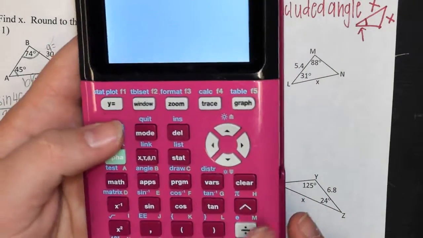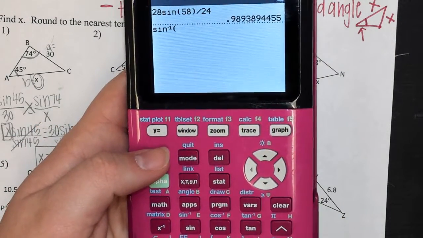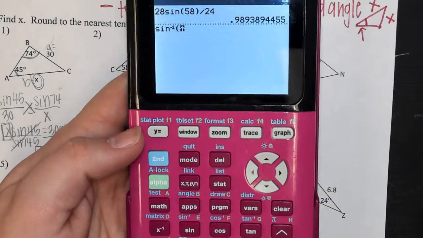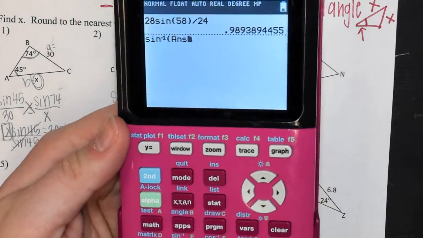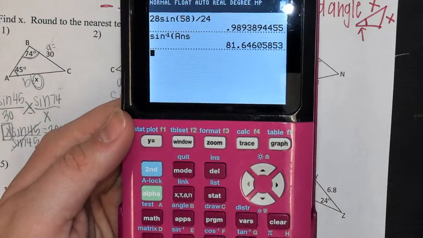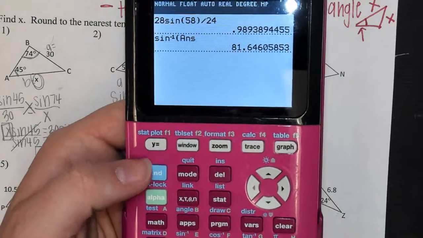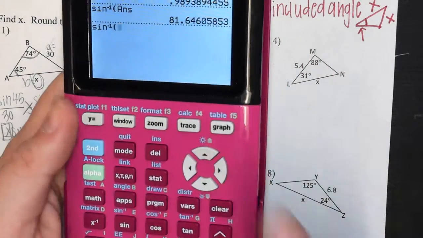Press second sine, and then second answer. Okay, look, that's how it should work. If it's not working, then press second sine and just type the first couple digits in.